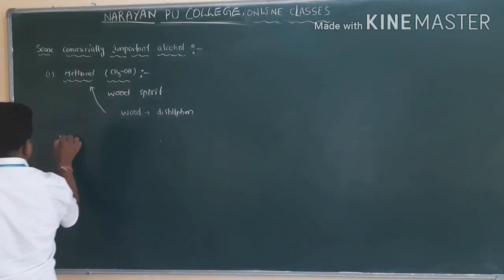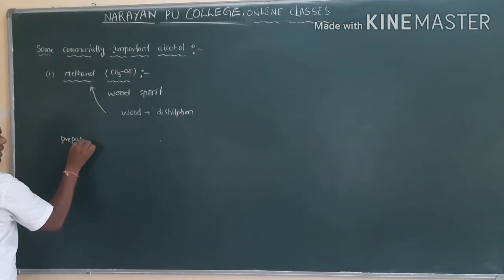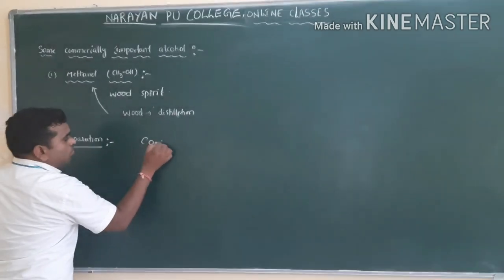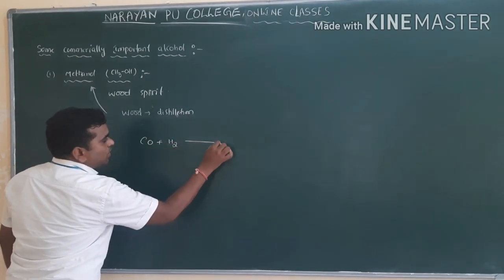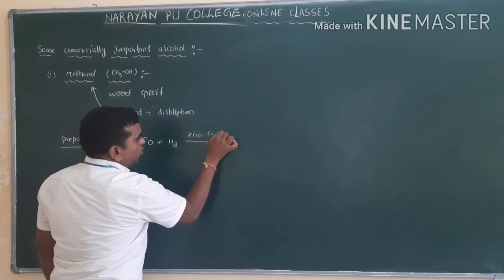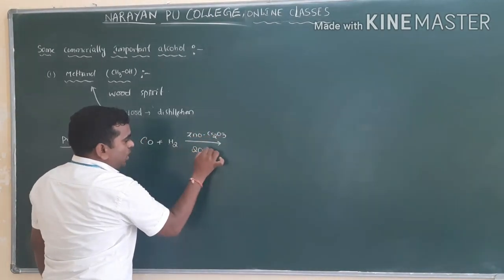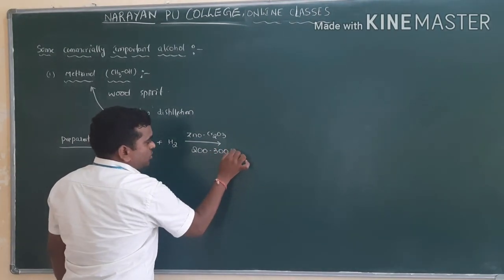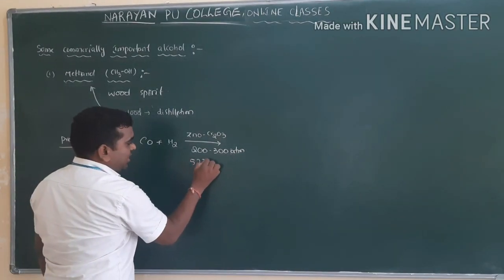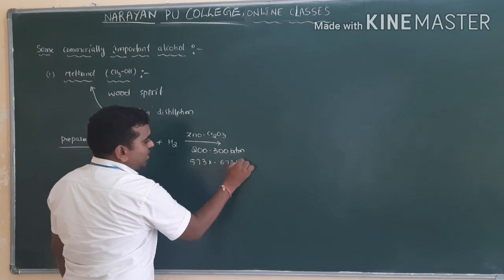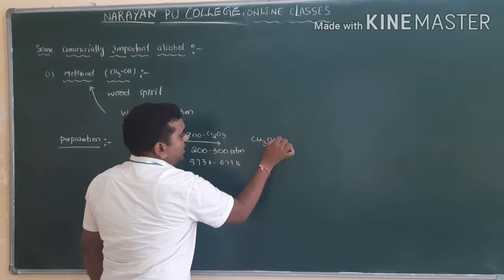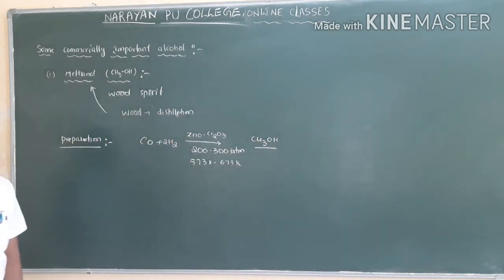How to prepare methanol commercially: catalytic hydrogenation of carbon monoxide using ZnO and Cr2O3 catalyst, maintaining 200 to 300 atmospheric pressure and a temperature of 573 to 673 Kelvin. Then, taking 2 moles of hydrogen with CO, you will get CH3OH. This is the preparation of methanol.